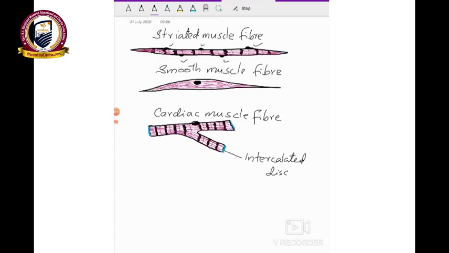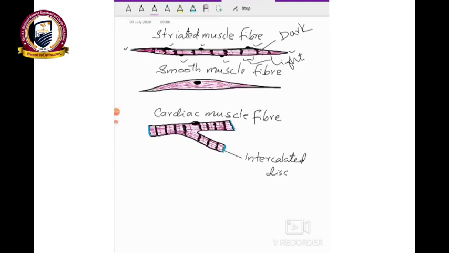So it is multinucleated, cylindrical, long, with tapering ends on both sides, and it shows striations, the dark and light bands you can see there, because of the arrangement of myosin and actin. This is the dark band and this is the light band.